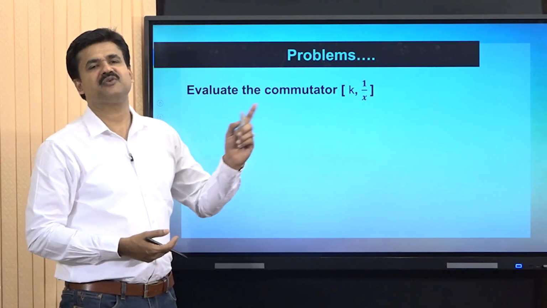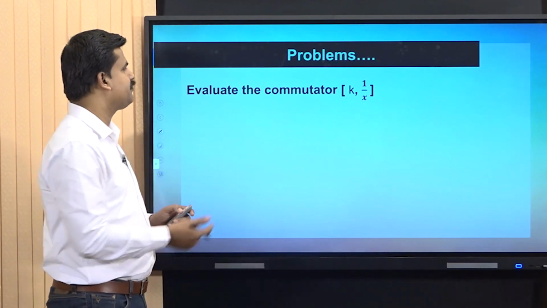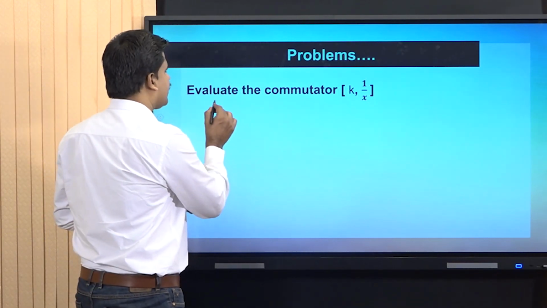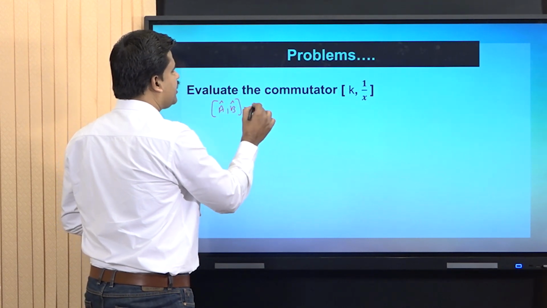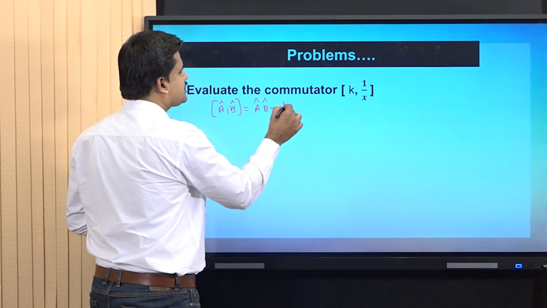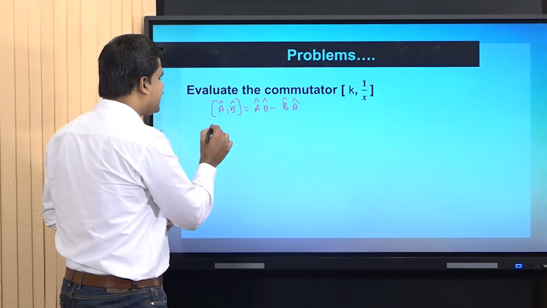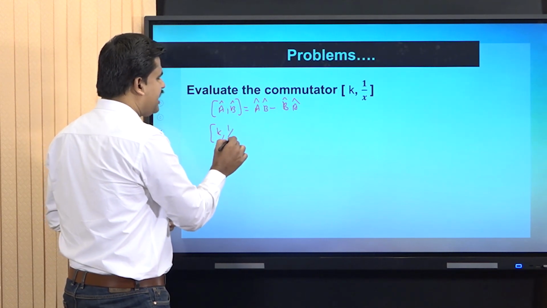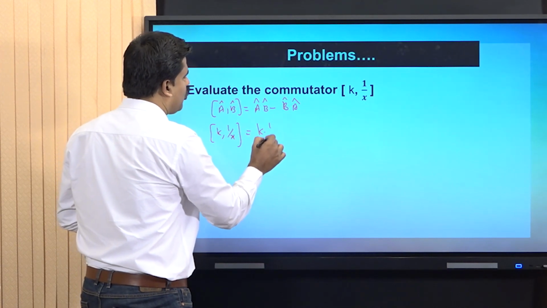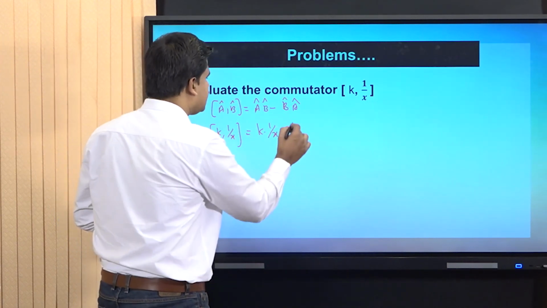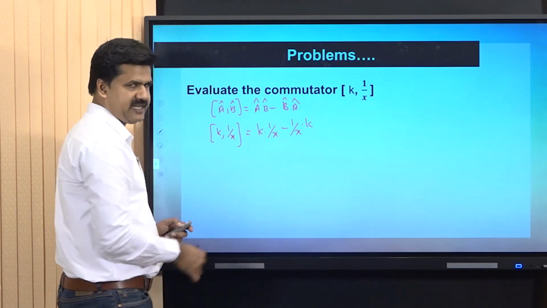There is a procedure for the evaluation of the commutator, and the procedure is like this. By definition, the commutator of A hat and B hat is equal to A hat B hat minus B hat A hat. In analogy with this, by taking K and 1 by X, I can write this expression: K into 1 by X minus 1 by X into K. All these are operators.